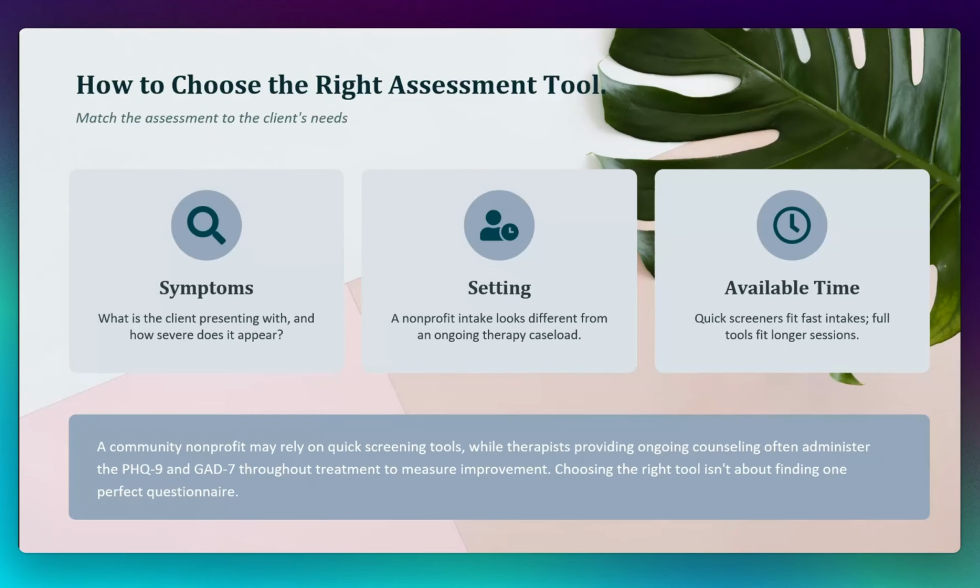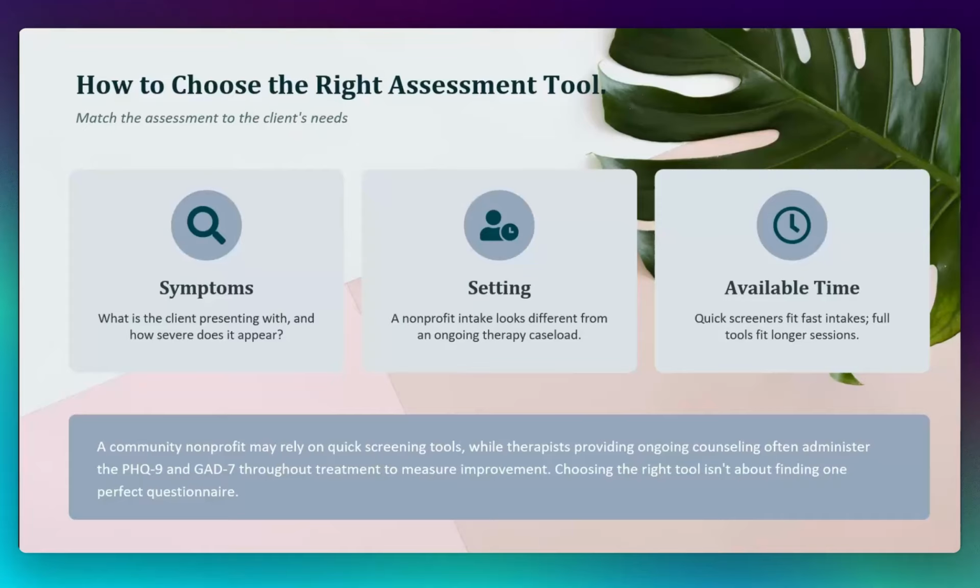Choosing the right clinical assessment tool isn't about finding one perfect questionnaire. Instead, think about your client population, your workflow, and your documentation requirements. A community nonprofit might rely on quick screening tools with just a couple of questions, while therapists providing ongoing counseling often administer the PHQ-9 and GAD-7 throughout treatment to measure improvement.